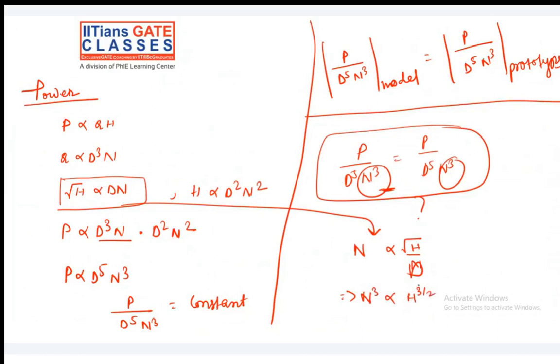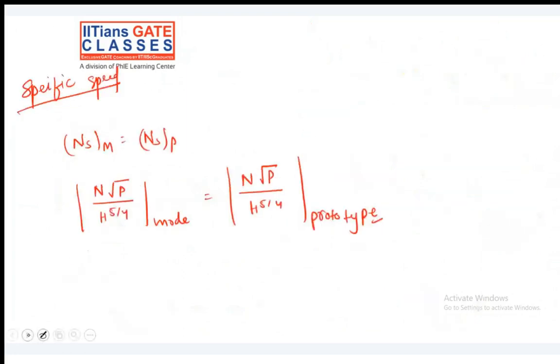Why? Because this is 1 by 2, whole cube is 3 by 2, DQ. Put this relation here. So we can see that power is D to the power 5 and NQ is H to the power 3 by 2 multiplied by DQ. So this is converted into D square and this is H to the power 3 by 2. So can you see that we have done the same thing?